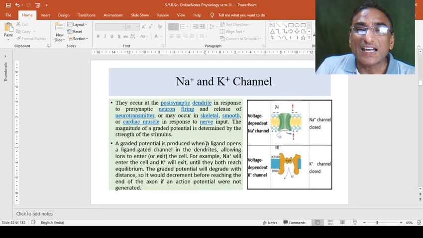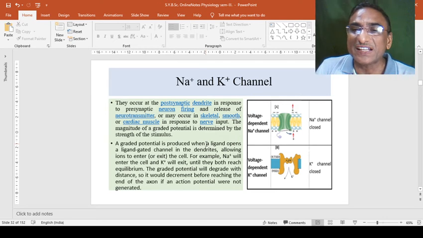But as the voltage-dependent channels are there, according to the change in voltage, the gates are either open or closed. Here the gate is closed for sodium because it is a large molecule, and this gate is closed for potassium channels, so a very small molecule can also move.